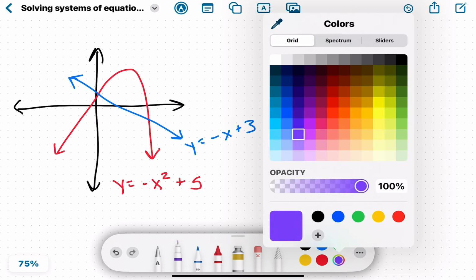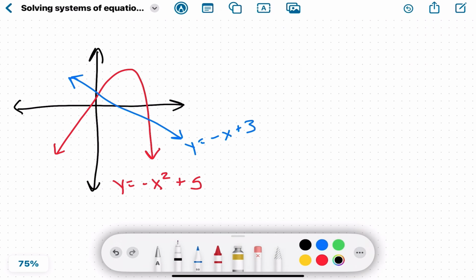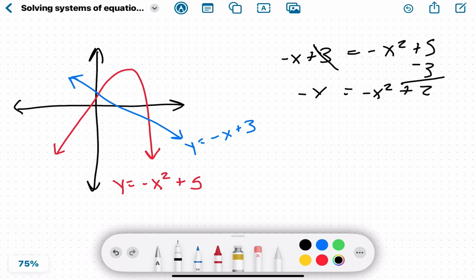You just set those equal to each other and solve. So to get this purple, you just do subtract 3, you get 2 plus -x squared equals -x, and you set that equal to 0.